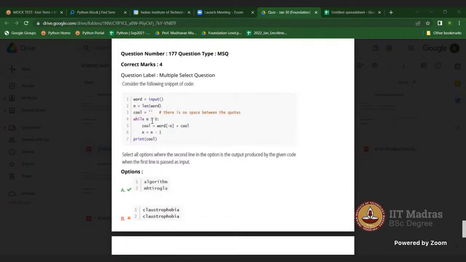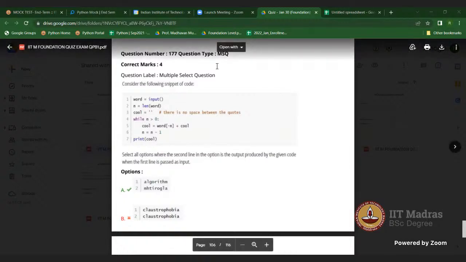It depends on the algorithm. Word of minus length of n is the first character of the word, right? Is it not word of -9 for algorithm?